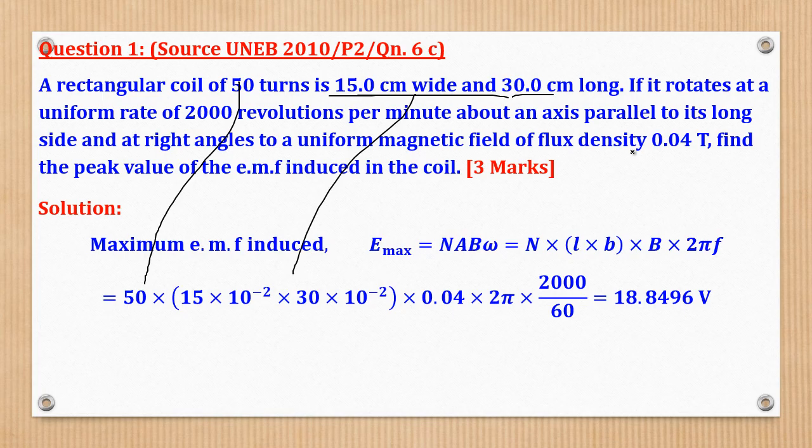Then B is the flux density, then 2πf. F is the revolutions per second, but this was per minute, so we have to change to per second. That's why you're seeing me dividing by 60. So in the end, you'll come up with that as the maximum EMF induced.